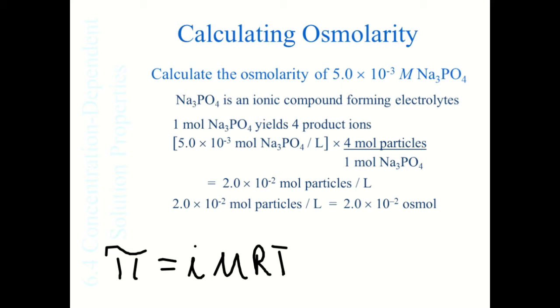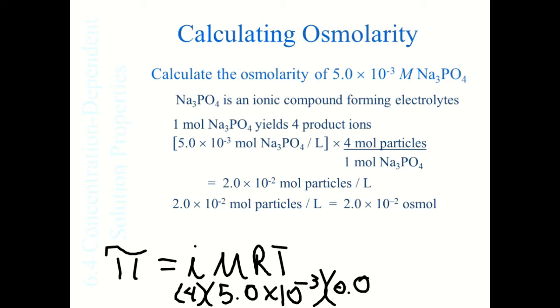Okay, so it's a 5 times 10 to the negative third molar sodium phosphate. So I need to say 4 times 5.0 times 10 to the negative 3 times R, 0.0821 liter atmospheres per Kelvin.